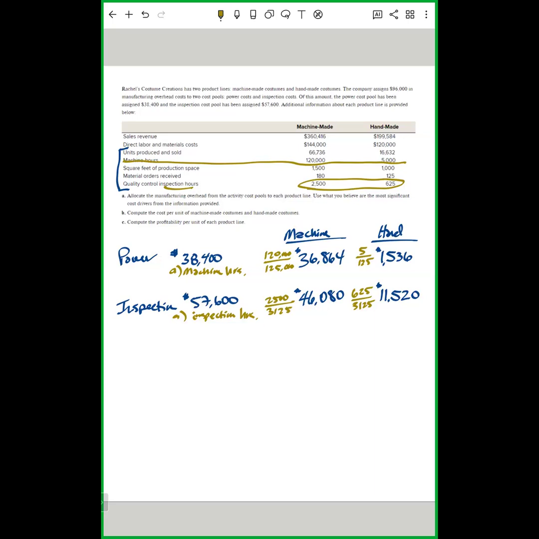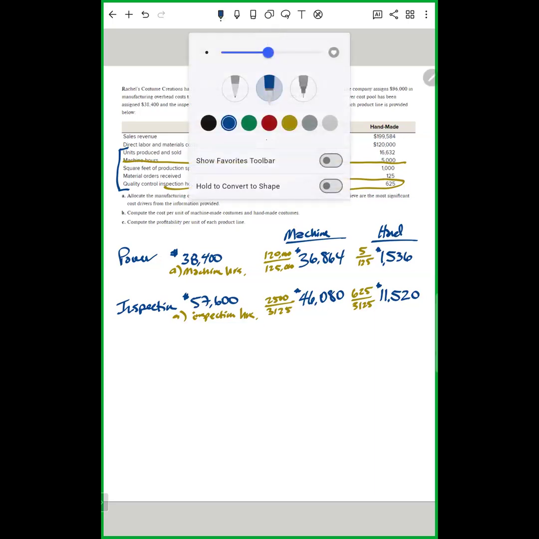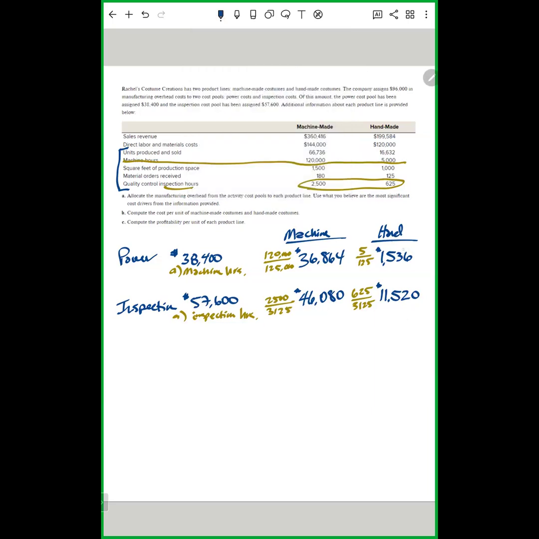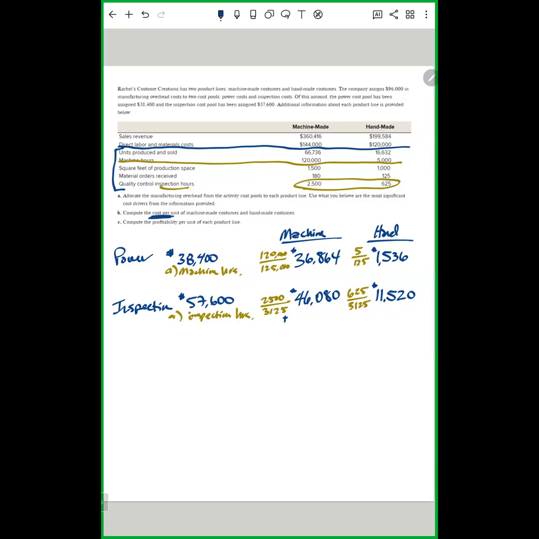So what we have so far is just the overhead allocation being laid out between the two categories. In order to come up with a cost per unit, I need to layer in direct labor and material costs. If I add these two up, that will give me total overhead. All right, so let's do that.